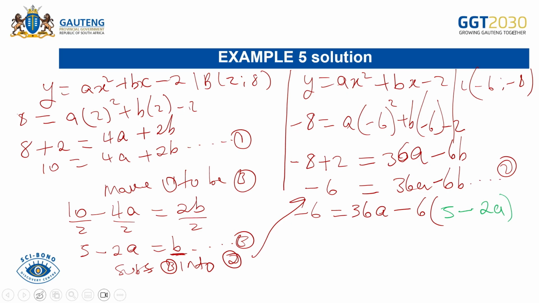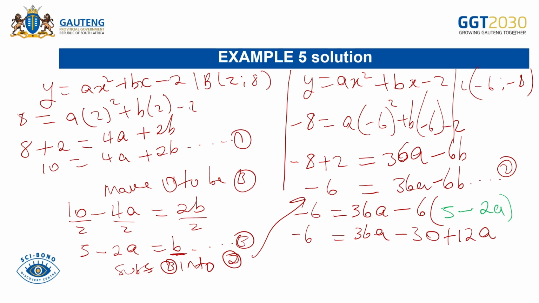Then we multiply everything: negative 6 times 5 is negative 30, and negative 6 times negative 2a is positive 12a.